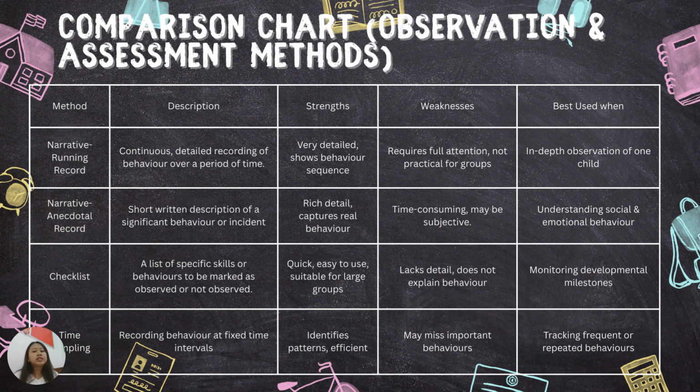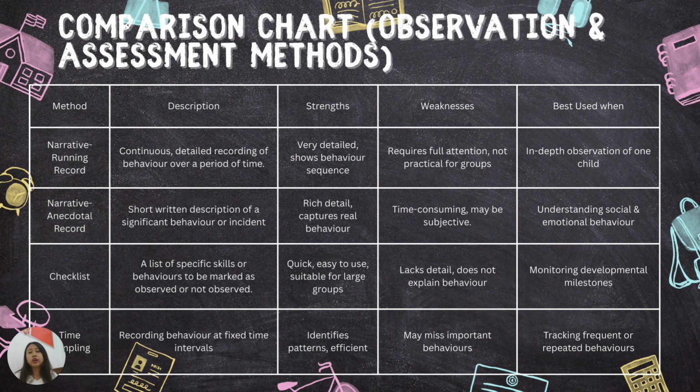The next one, checklist. A checklist is a list of specific skills or behaviors to be marked as observed or not observed. It is quick, easy to use, and suitable for large groups, but it lacks detail and does not explain the behavior. A checklist is best used when monitoring developmental milestones. And lastly, time sampling.